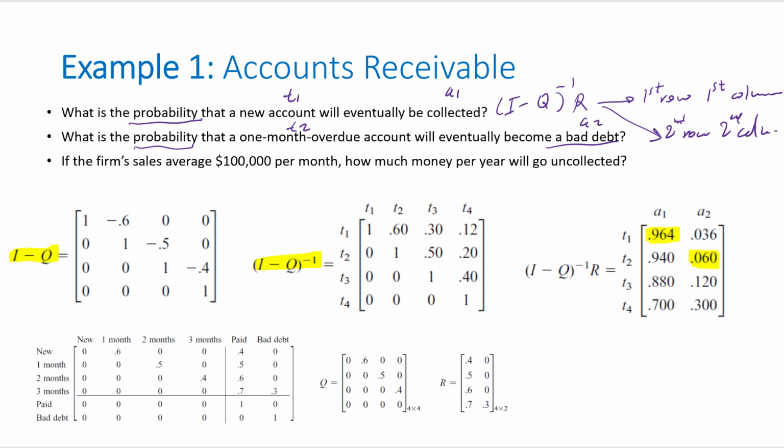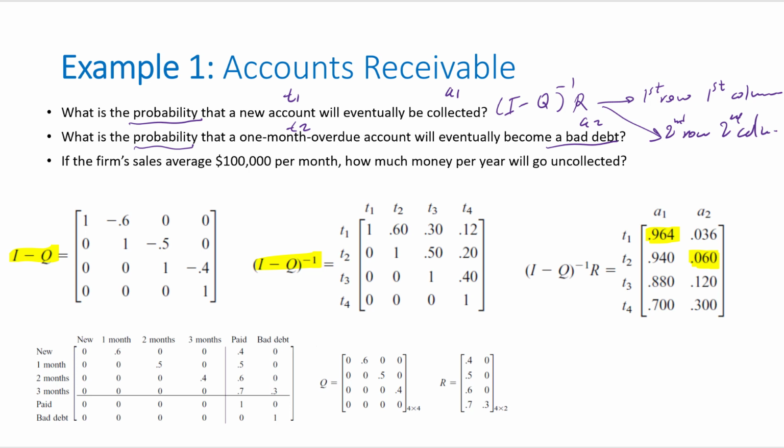How about the last question? If the firm's sales average $100,000 per month, which means $100,000 are given to new accounts, how much money per year will go uncollected? We just calculate the probability that new accounts will go uncollected.